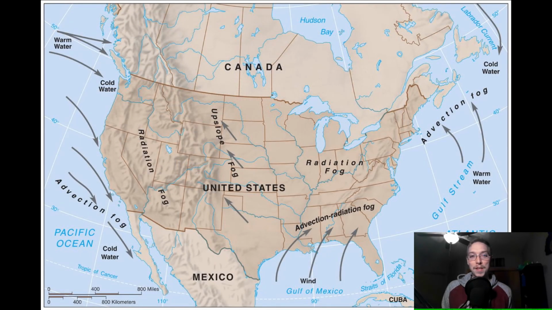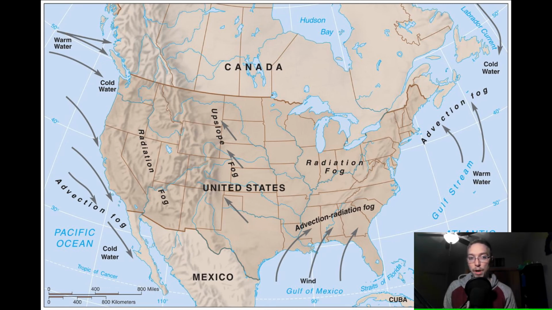And here we can see some of the dominant fog types that roll in over the United States and North America. So many of these are forms of radiation fog. Here we can see what drives it: warm water coming in from the Pacific, meeting with colder water.